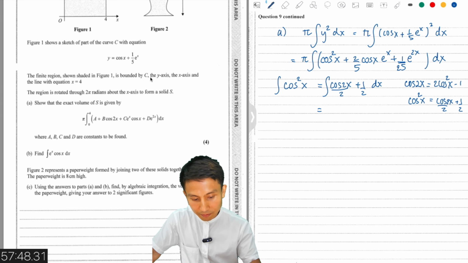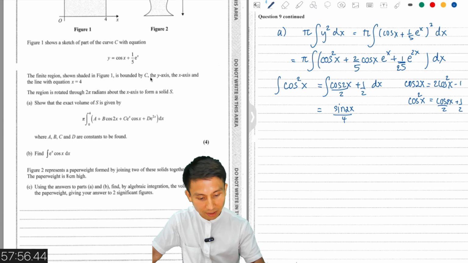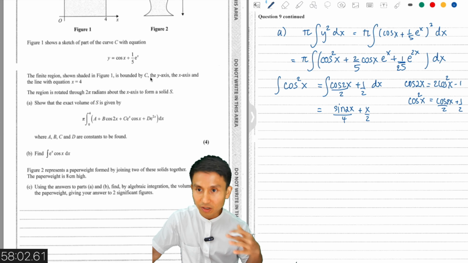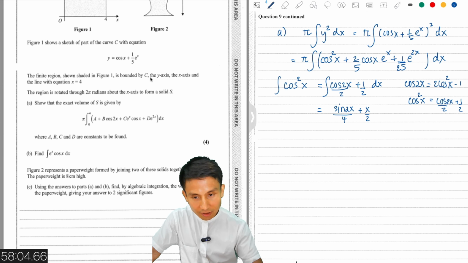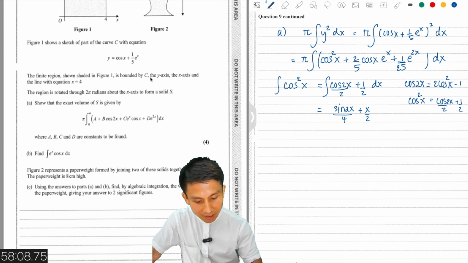So that's going to be, integrate cos, we get sine, be careful, not minus sine. And this is over 4 because we got to do reverse chain rule. And this will be x over 2. I'm going to keep that as that first because we're going to do c all at once. And this is also definite integration, so we don't need the c there.